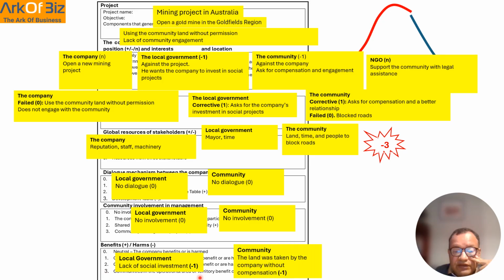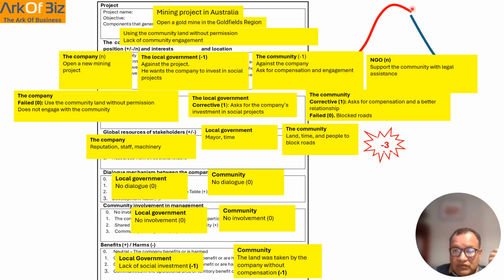On the other hand, we have the community. The community is inside the area of influence. That's why it has a value of 1. And the harm is that the land was taken by the company without compensation.